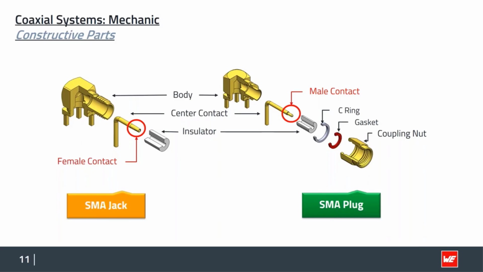So what is the difference now, or what is important? The contacts are one point. The male contact is a normal pressed contact made of copper alloy, gold plated, because it does not have to move really.